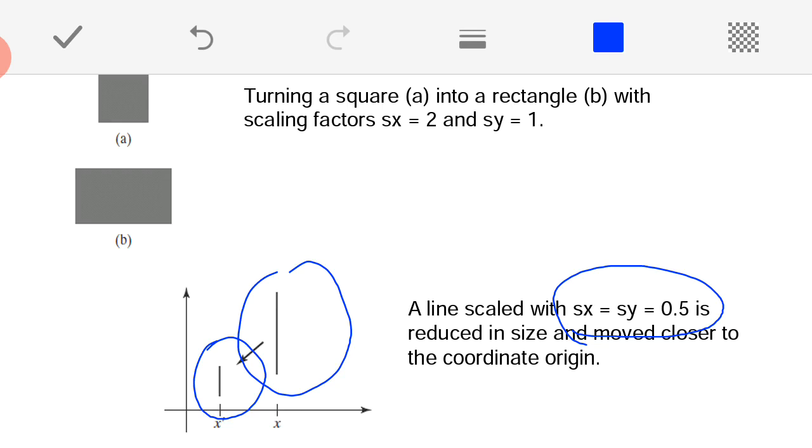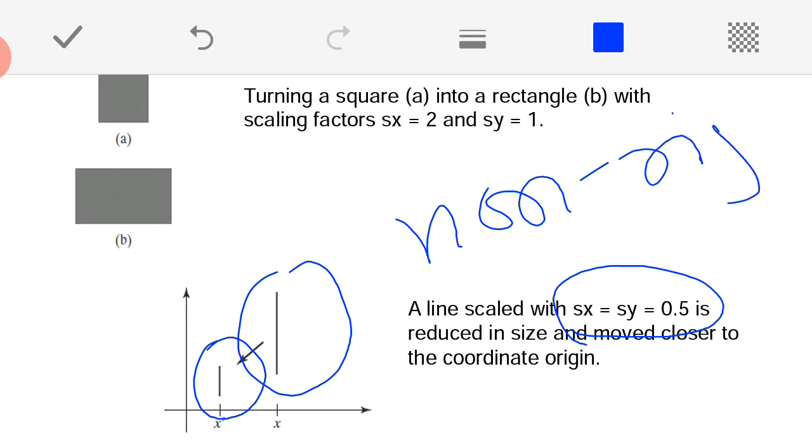And another important thing, always remember, scaling is a non-rigid body transformation. Non-rigid body in the sense that here the size of the object will be changed, and sometimes the shape of the object is also changed in scaling, but that does not happen in rotation and translation.